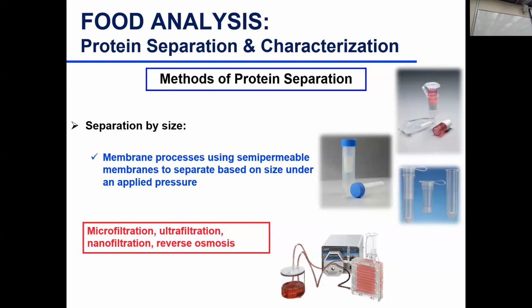We can go a little larger scale, still benchtop, by using a membrane system where you have a pump and sheets of membranes, sometimes double sheets. You have your solution with proteins and sugars and small molecules that you'd like to separate from the protein.